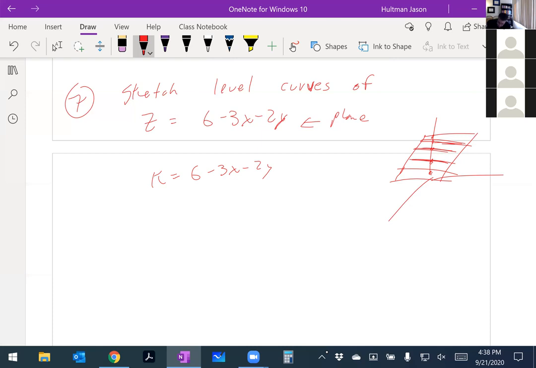Hopefully that makes sense. Because you would slice these, right? And what's the intersection of two planes? Well, the intersection of two planes is a line.